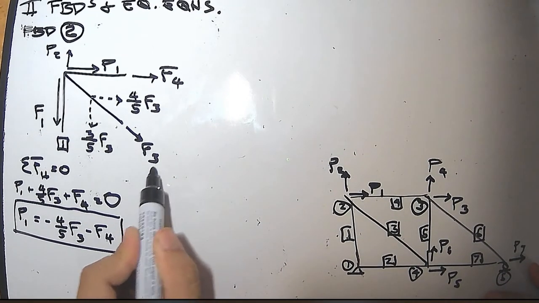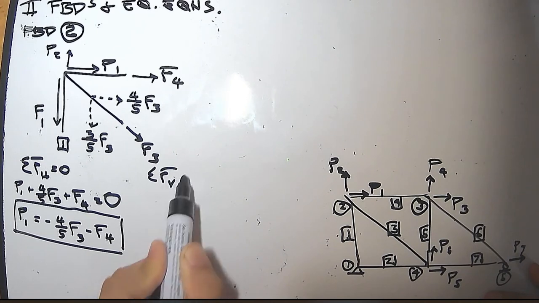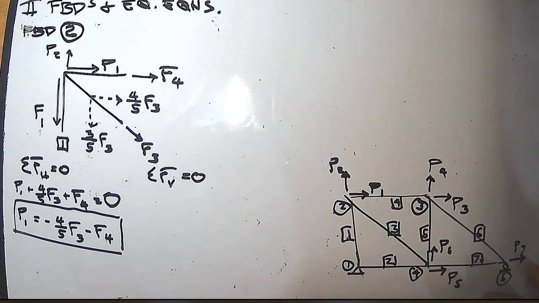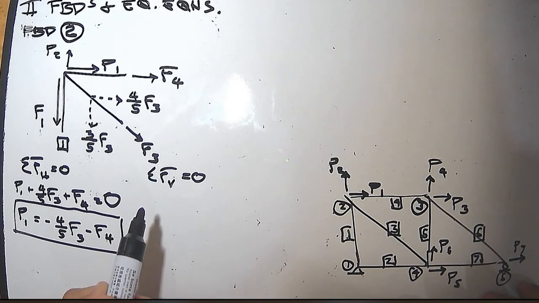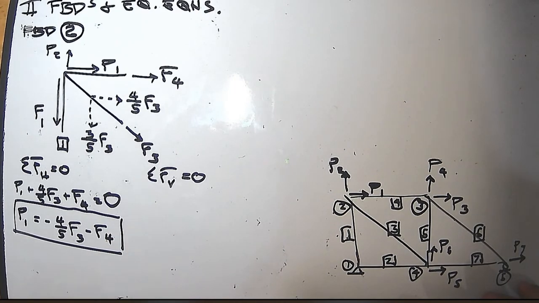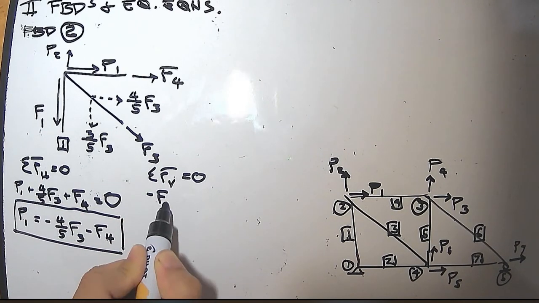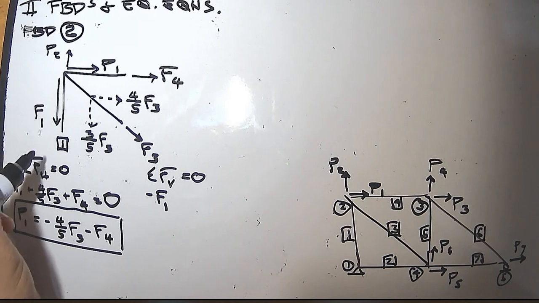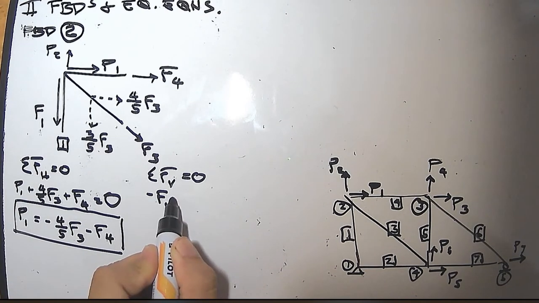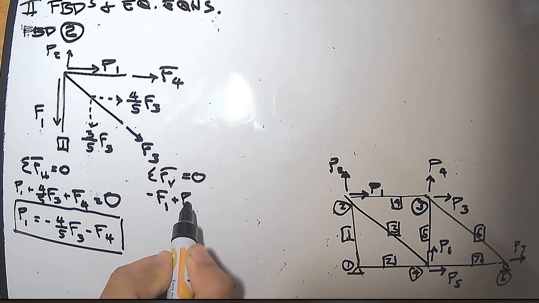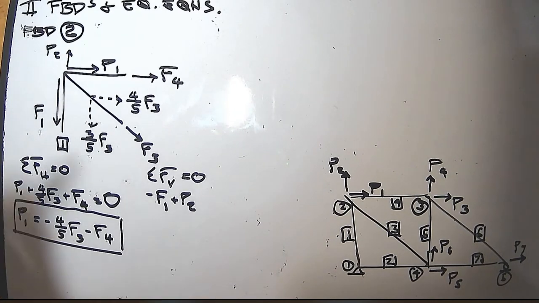Next is summation forces vertical equal to 0. So, all forces going up is positive. Then we start again with the lowest subscript. So, we have here negative F1, okay, since pababa siya, and then plus P2, since pataas siya naging positive.